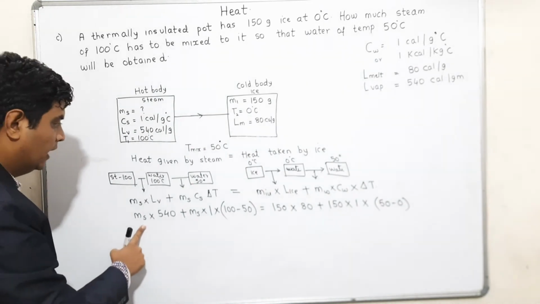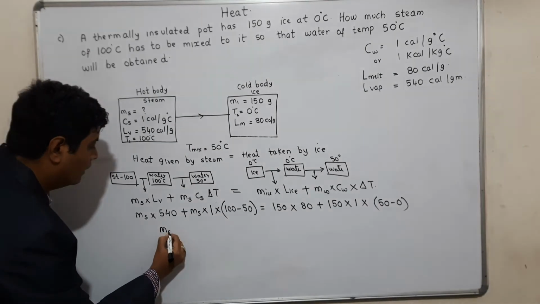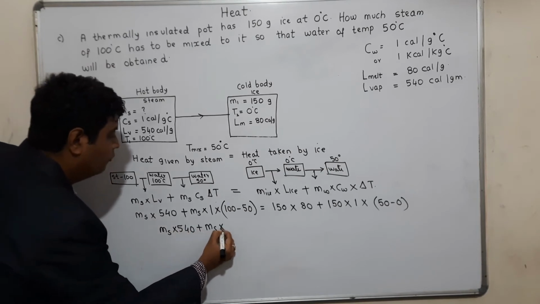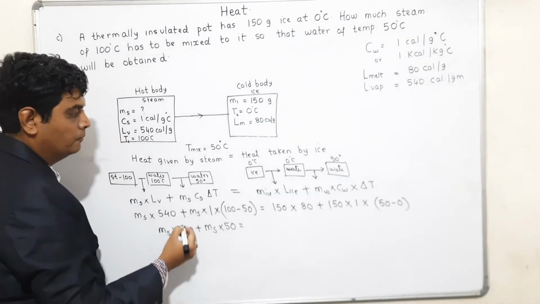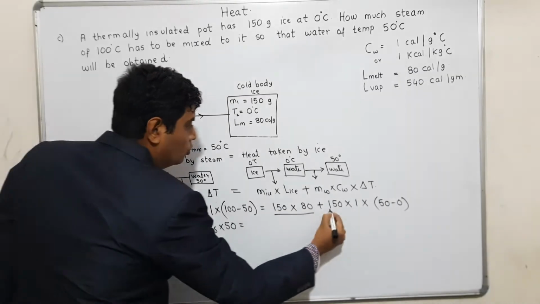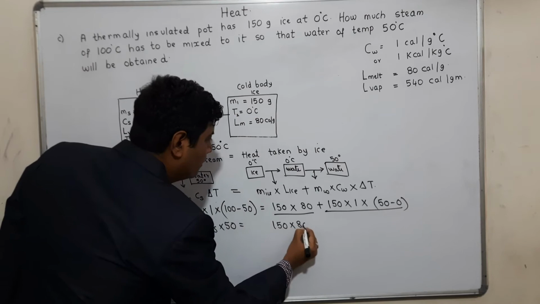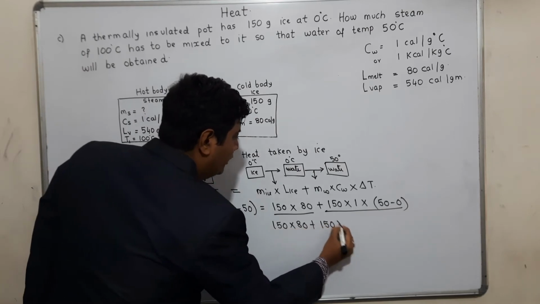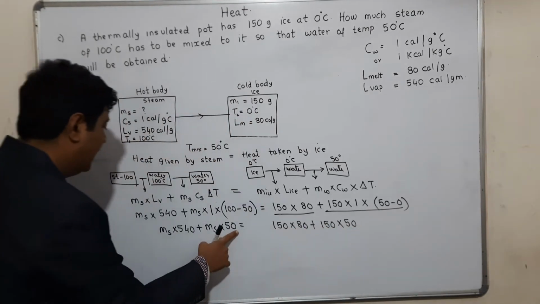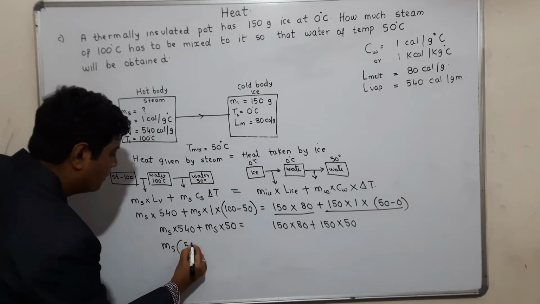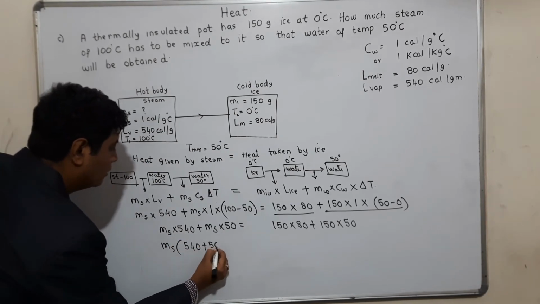Now here you will do Ms into 540 plus Ms into 50 is equal to, from these two I can write it as 150 into 80 plus 150 into 50. Here I will take Ms common. So Ms common, it will be 540 plus 50.